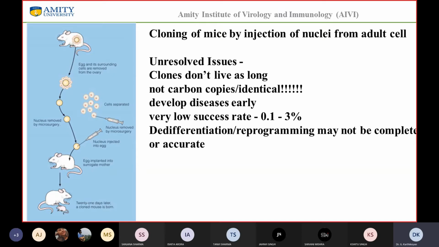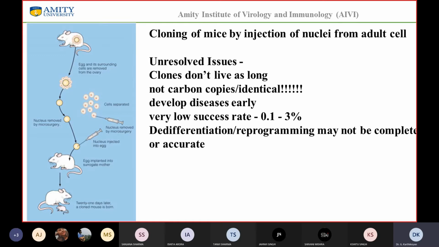And it does look like when you take the adult nuclei and transfer it into an egg, you may have incomplete reprogramming. As I said, once the 2N nucleus is injected, the egg behaves as though it got fertilized, right? And it starts to reprogram itself.